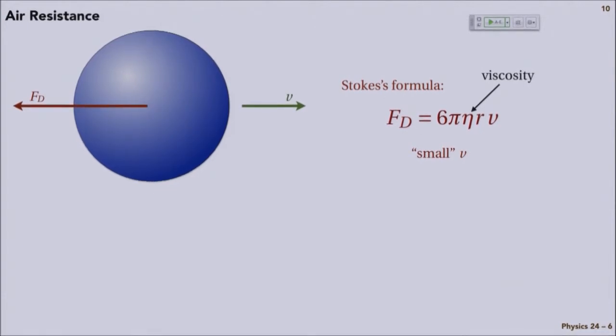And that friction produces this drag or loss on the particle. Stokes' formula for a sphere gives you the force in terms of the viscosity, which is just some property of the fluid, the size of the particle, the sphere, the radius, and the speed v at which it's trying to move through the fluid.